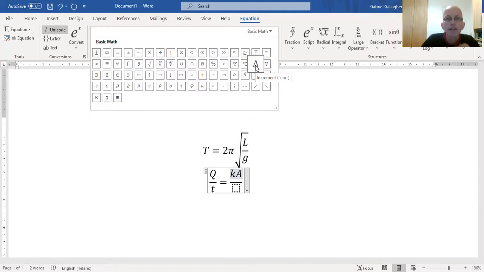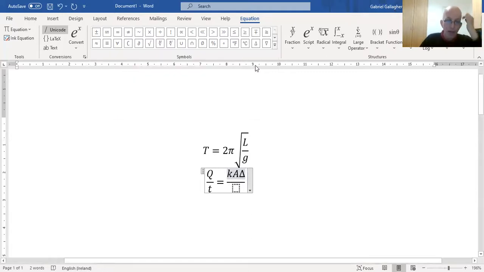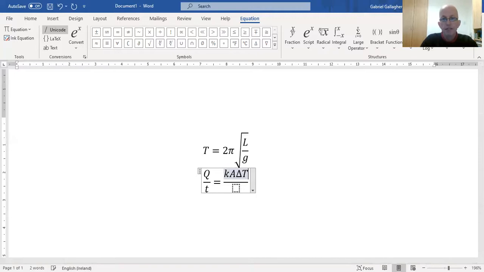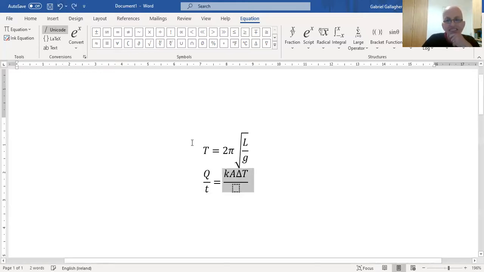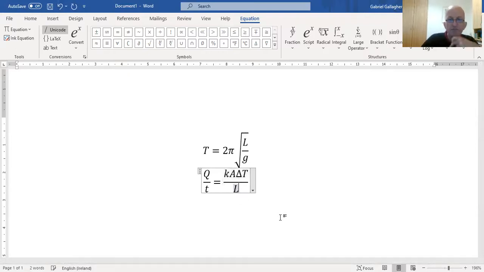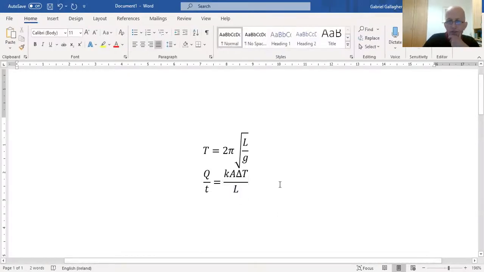That's the Greek letter delta. So click on that. And then finally, capital T for the top line. I'm just going to use the down arrow to go to the bottom line. And then it's L on the bottom line. Oh, undo. So you can make mistakes. Down to the bottom line, Shift L. Oh, that's a good one.